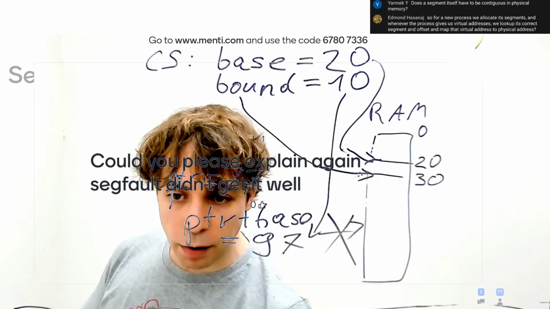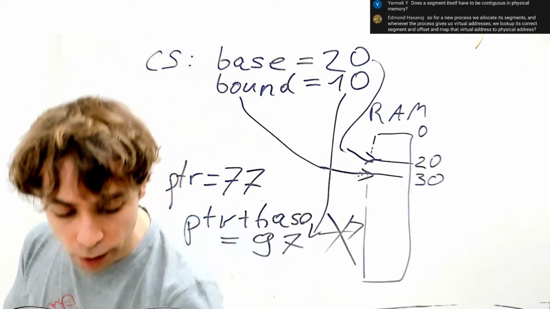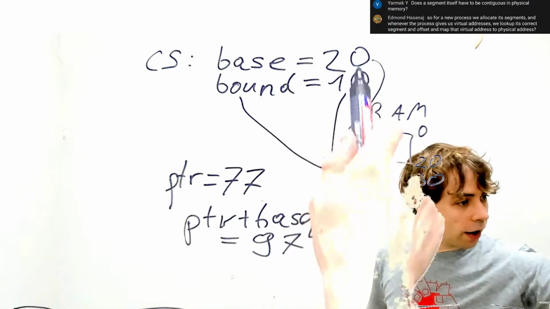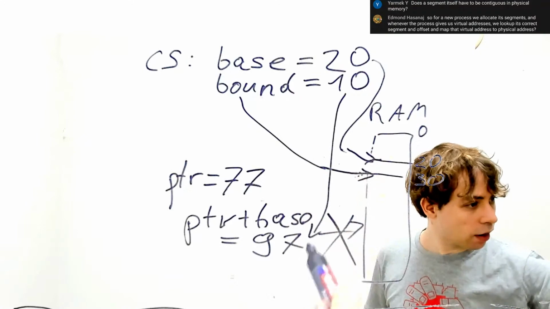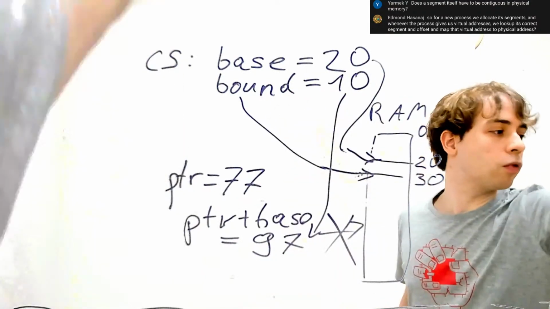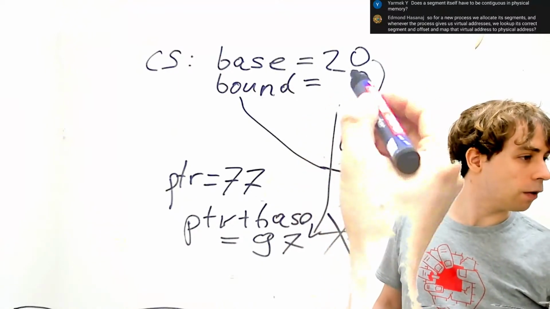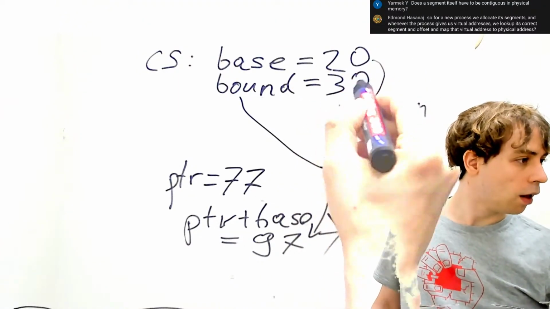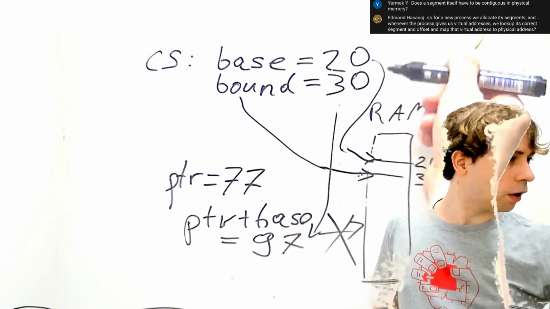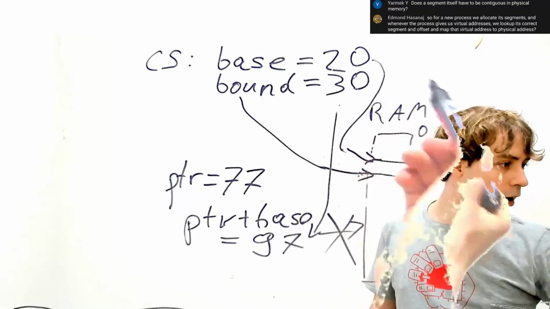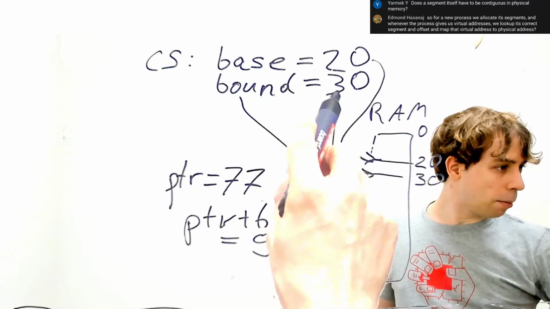The question was whether I can explain a seg fault. The processor checks the bound and sees this is out of bounds. If you add the base, its bound is 30, so you would define this in absolute numbers in this case. Doesn't really matter whether it's relative or absolute numbers.